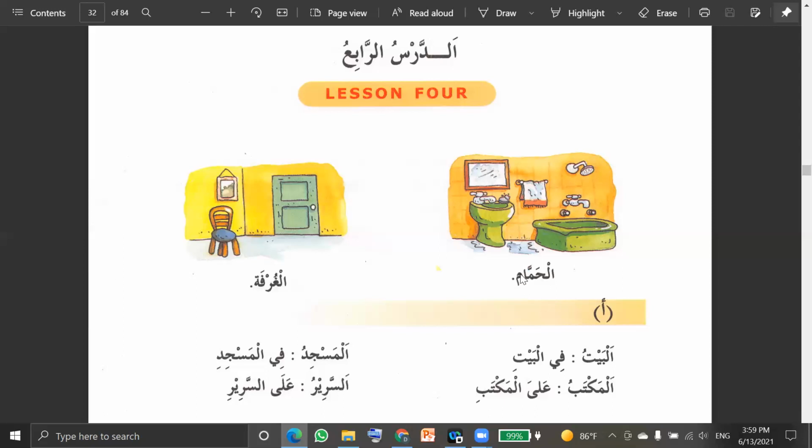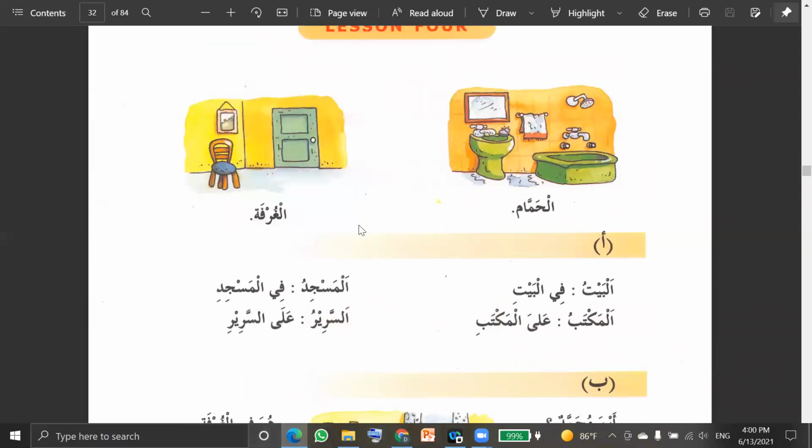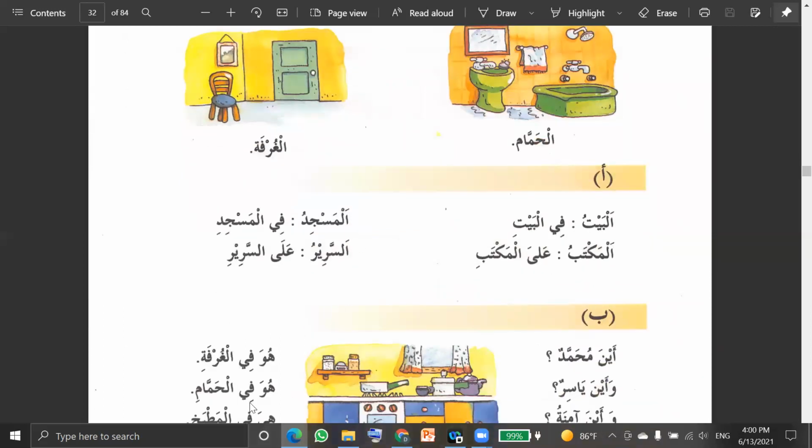Inshallah, we are going to learn rafa and nasab status bit by bit. But today we are going to learn what is in lesson 4. So al-hammamu, al-ghurfatu.